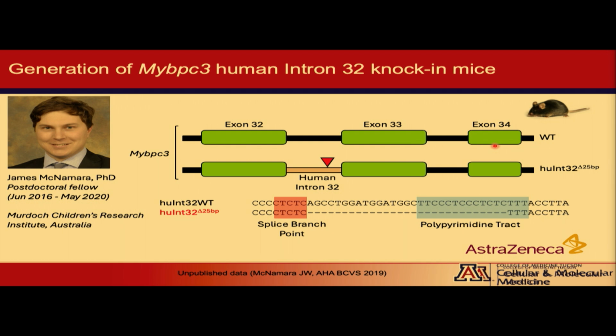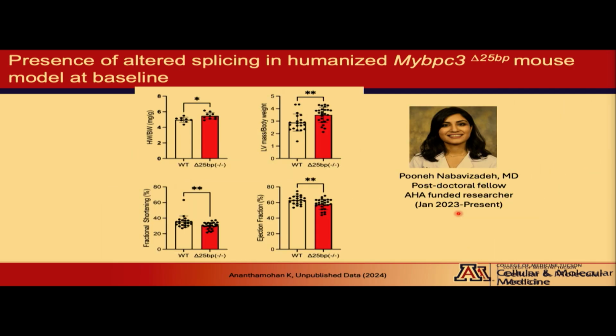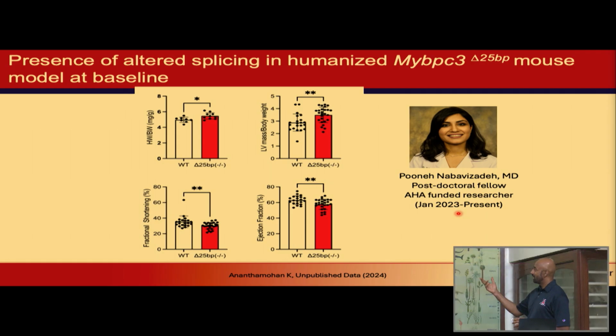You can see in the DNA sequence here, this is a splice branch point. The deletion is here, and the polypyrimidine tract is almost completely knocked out, which is a critical region for splicing. So what we found, here we have the cardiac function, and there is a clear phenotype in these mice.